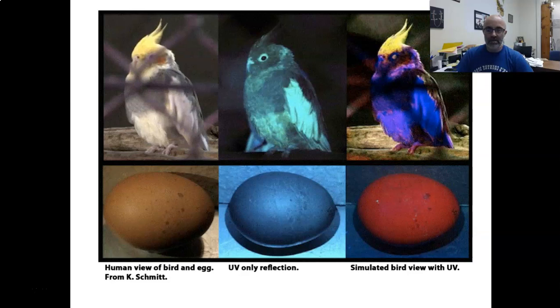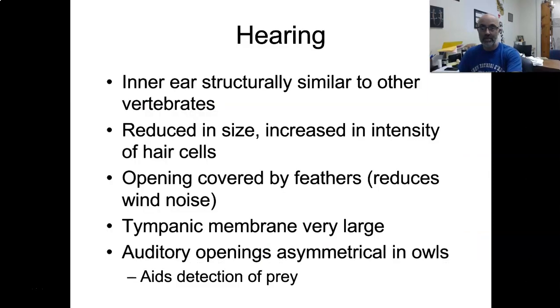So, several hypotheses about why birds have evolved ultraviolet vision, why that's adaptive. Hearing is similar to other vertebrates.